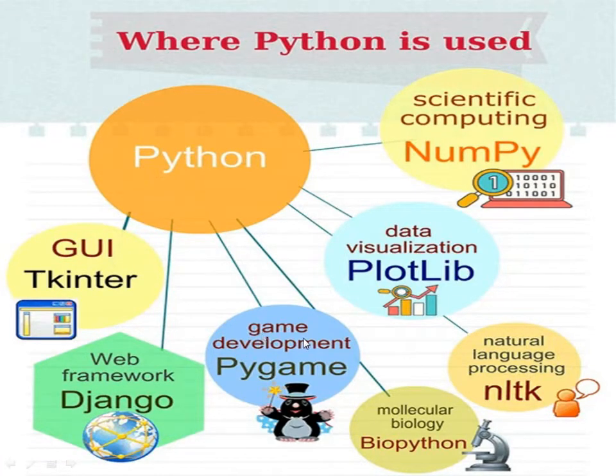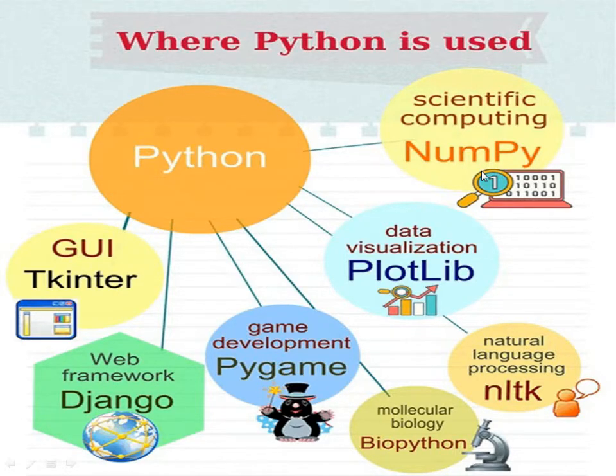In game development we use the Pygame module. In molecular biology we use BioPython. In natural language processing we use NLTK. In data visualization we use Plotly, PyPlot. In scientific computing we use NumPy.